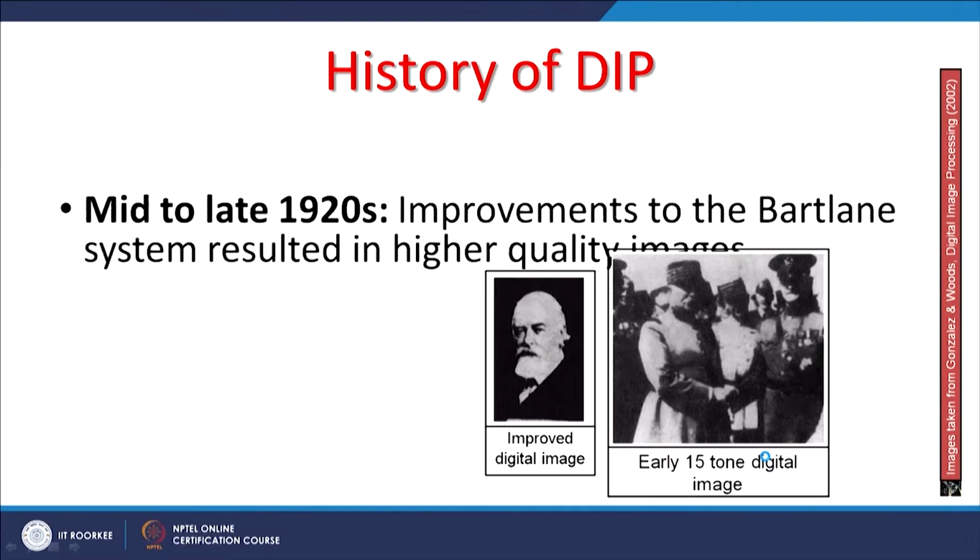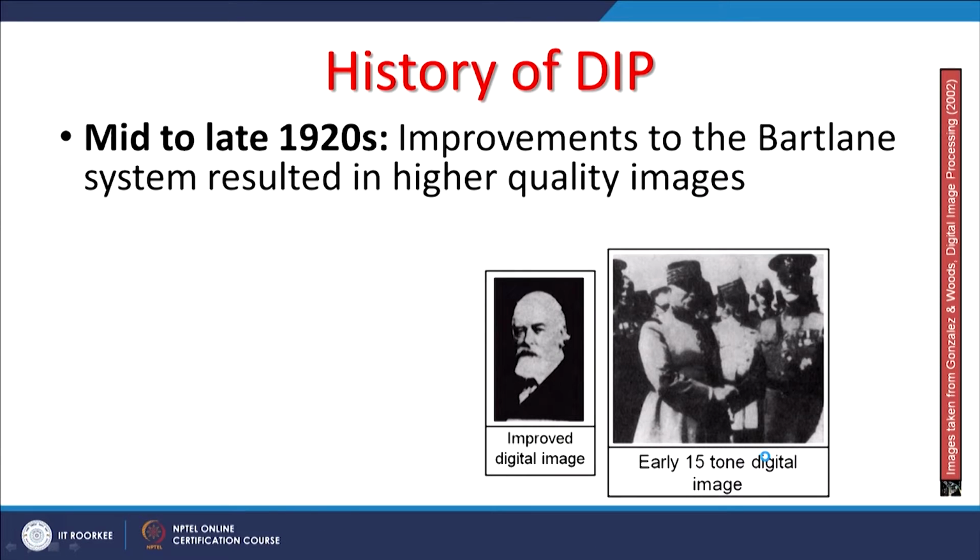So if we look very briefly at the history of digital image processing, as soon as digital images became possible or available, the processing also started at the same time.